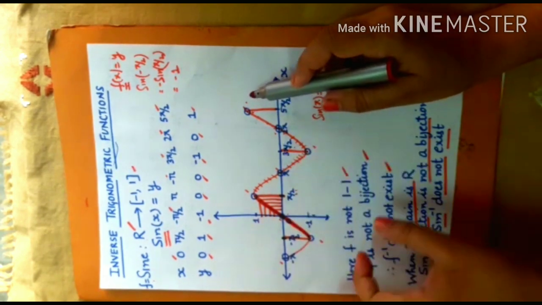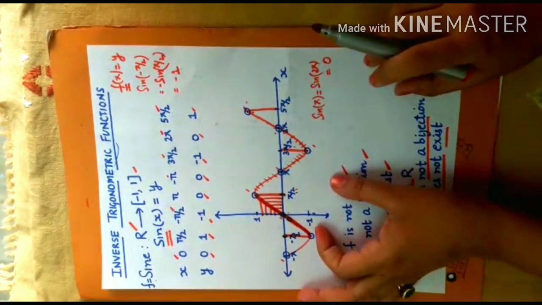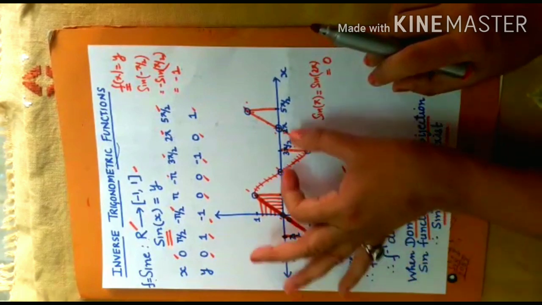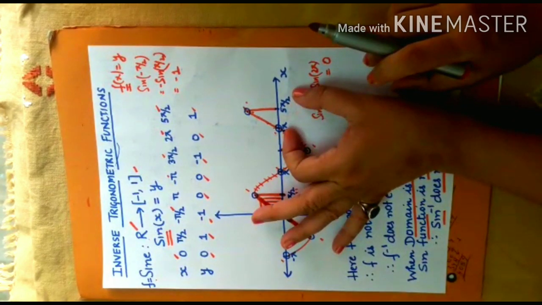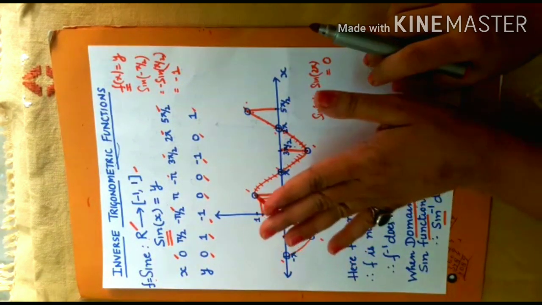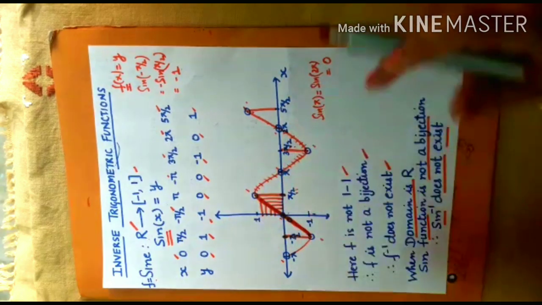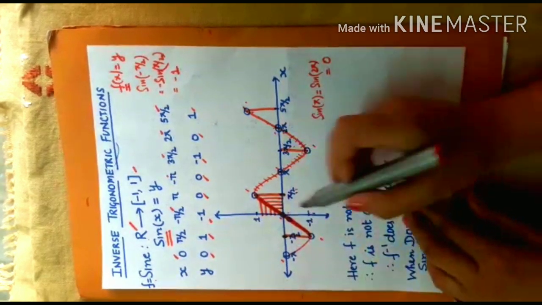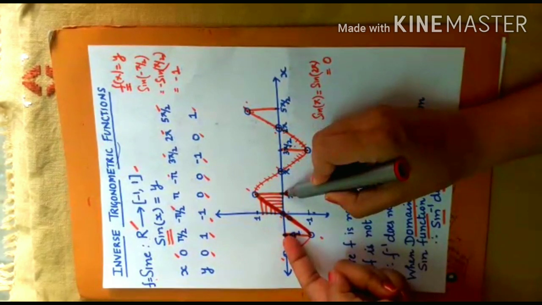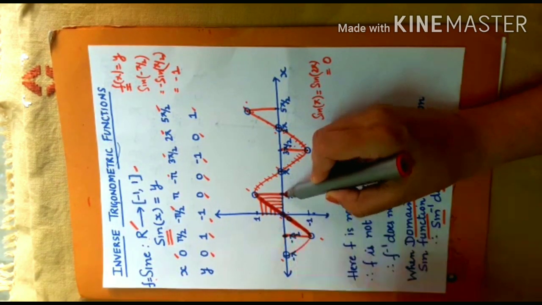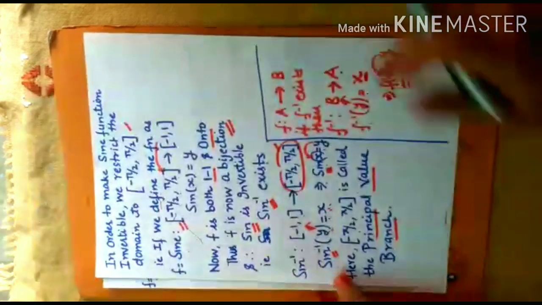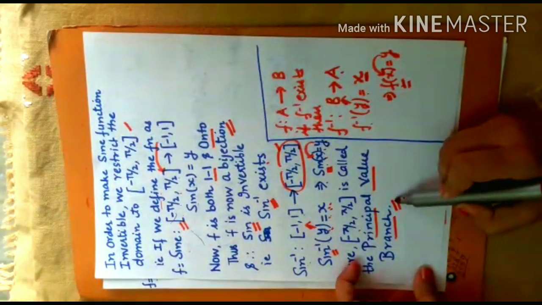So if we restrict the domain of sine function to any one of these intervals, then we can talk of its inverse. Amongst all these intervals, this interval, that is the closed interval minus pi by 2 to pi by 2, is called the principal value branch.